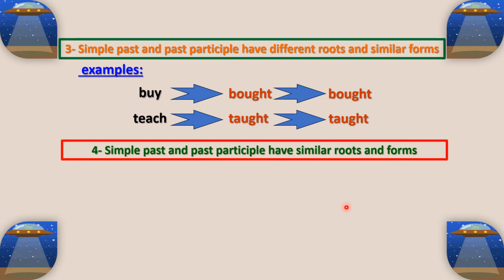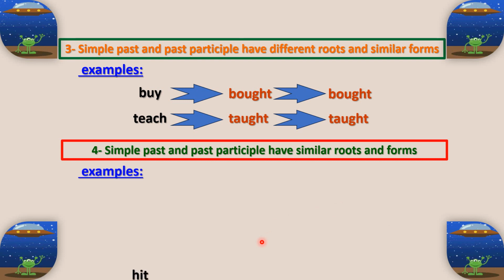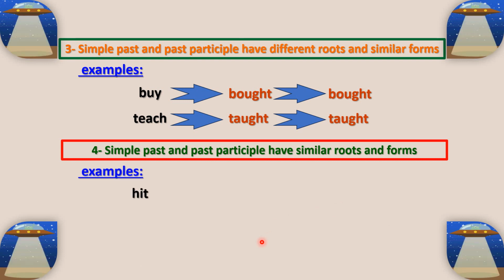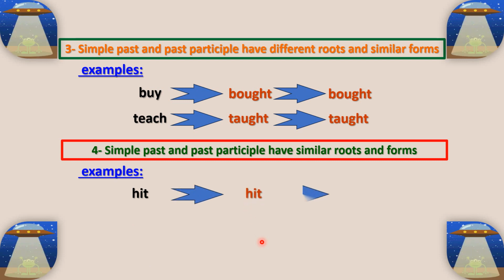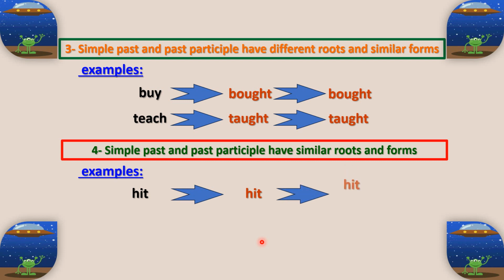The last type, simple past and past participle, have similar roots and forms. Okay, let's have examples. Yeah, the verb hit, to hit. Now, what is simple past of the verb to hit is hit, and the past participle is hit.